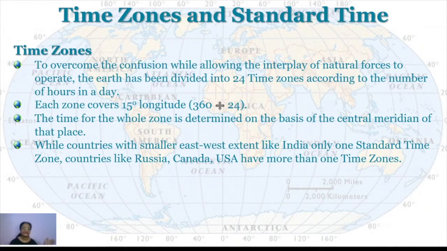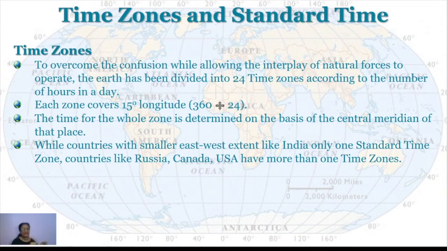So from the first time zone, suppose they have to go to the fourth time zone, automatically it is understood that every time zone will have a difference of 1 hour. Okay, so from the first time zone they have to go to the fourth one. Suppose at present in the first time zone it is 9 a.m. of today's time.